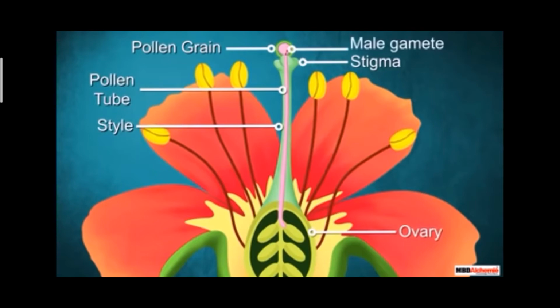This tube grows through the style and reaches the ovary. The male gametes from the pollen travel through this tube and reach the female gamete present in the ovule of the ovary.